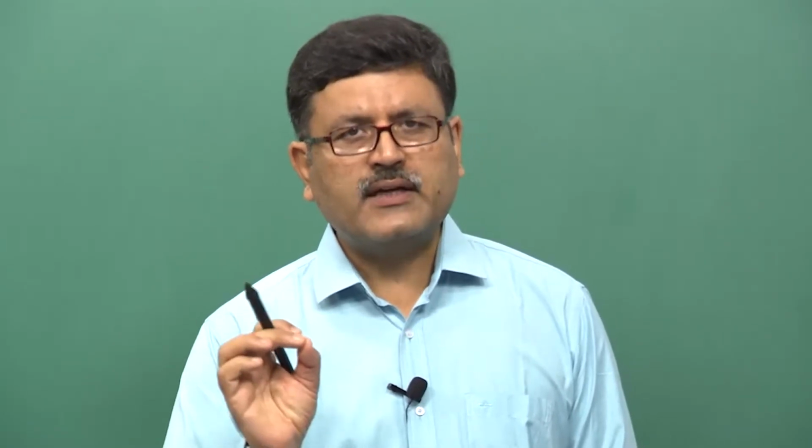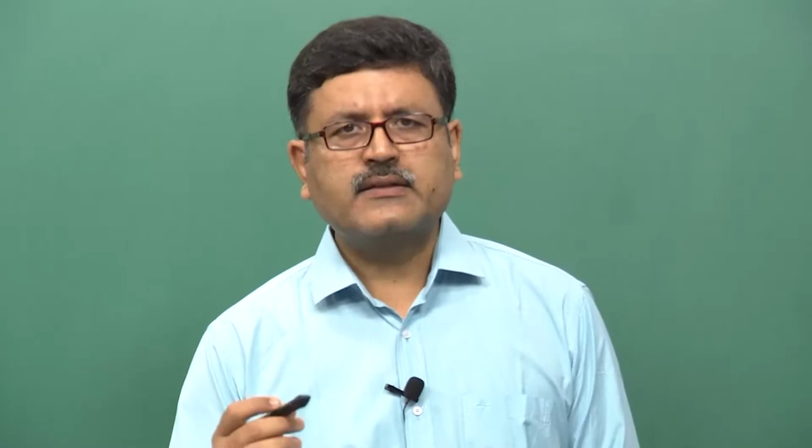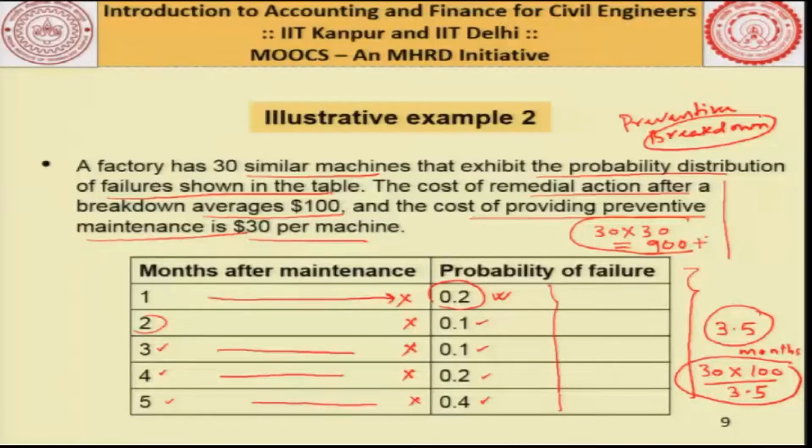Now out of this 30, you will find 20% will still go for breakdown, and for that how much additional cost is needed? It would be 30 multiplied by 0.2 multiplied by 100. So what is going to be your monthly cost? 900 plus 30 multiplied by 0.2 into 100. So this is going to be 1500.